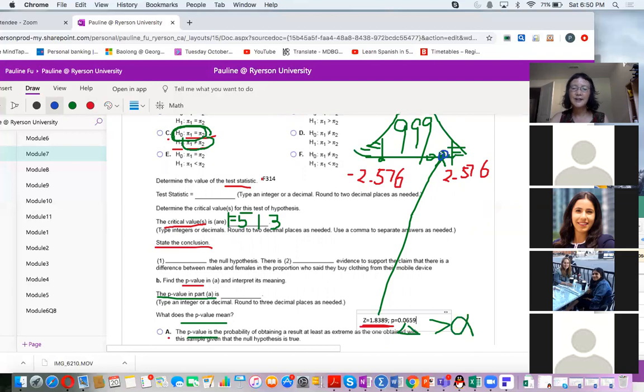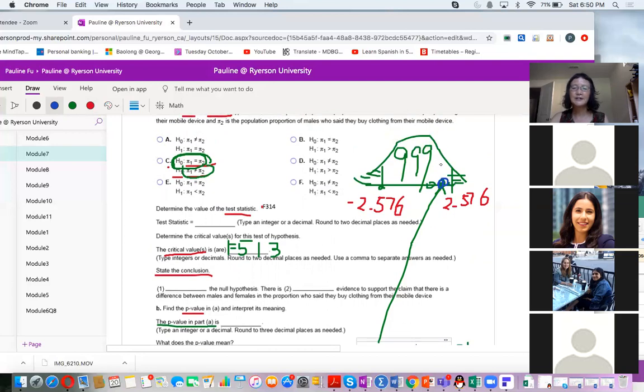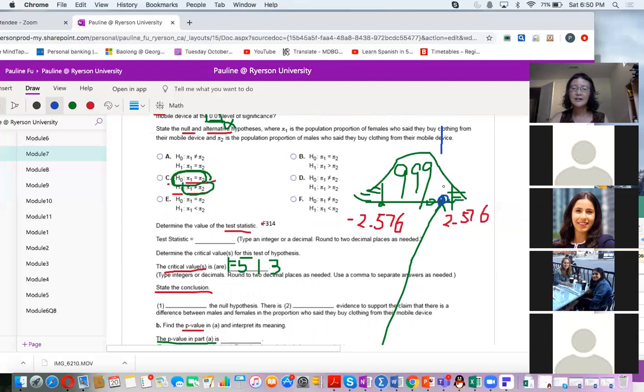P-value is the area corresponding to test statistic. So if this is test statistic, you draw a line, okay, straight line. And then this area, I use the blue color. This area plus, because of the symmetry, you have another test statistic, okay, here.